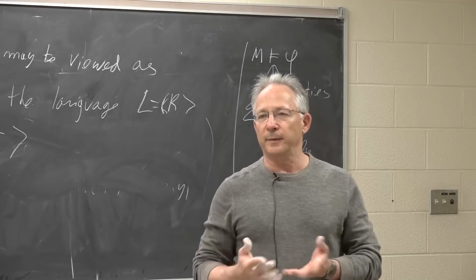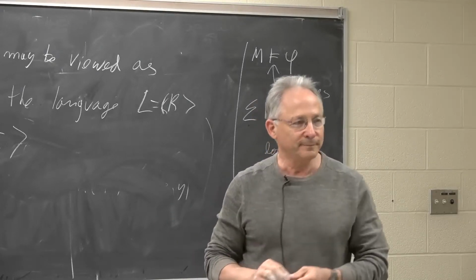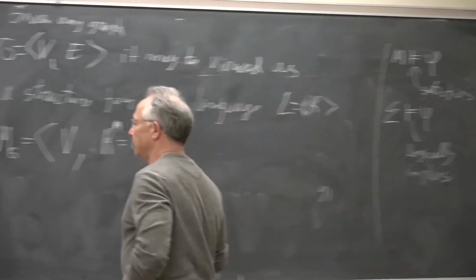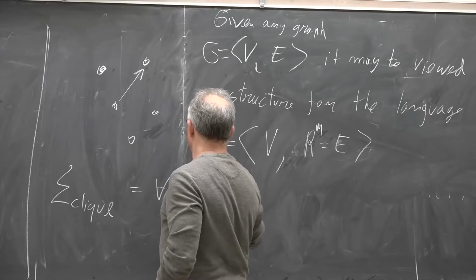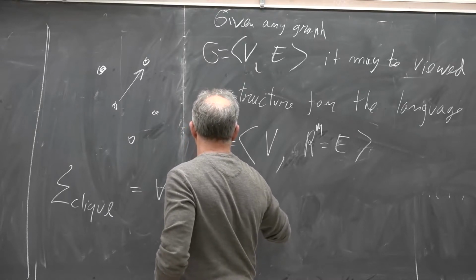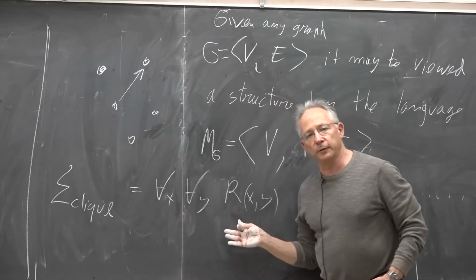So how will I say that my graph is a clique? For all x, for all y, R x y. So now I can talk about properties of my graphs.